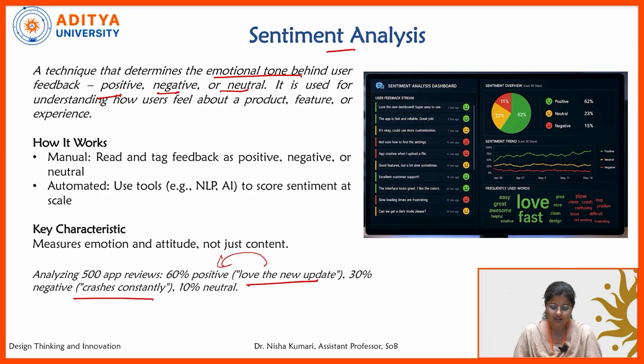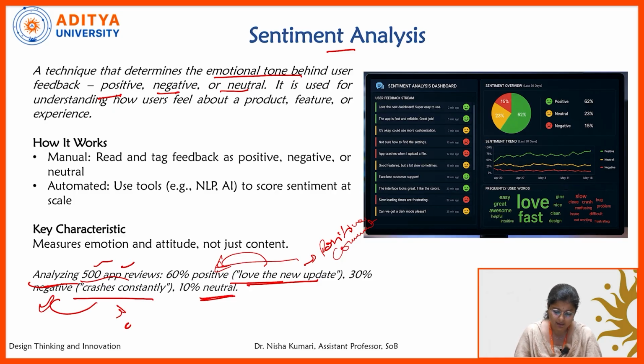Where someone says this app is continuously crashing, it will come under negative. And if a user is not saying anything regarding the service or the product we are giving them, it will come under the neutral category. So for example, if you want to analyze 500 app reviews, the people who gave positive comments come under the positive category.